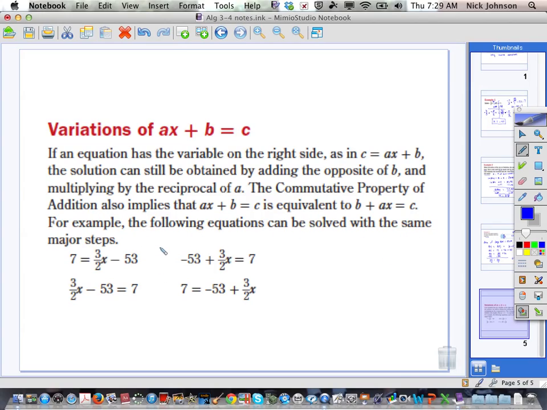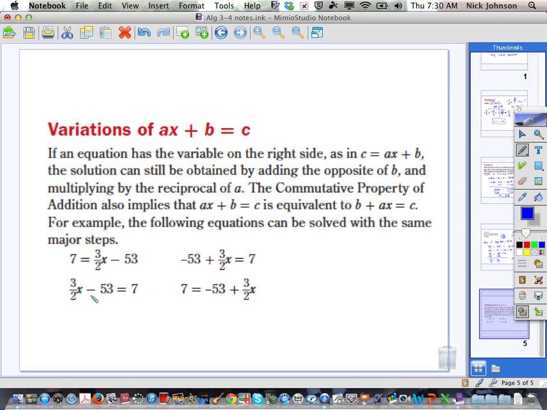I want you to look at these because this is what confuses a lot of people. These are all the same problems, it's just written in a different way. To solve this problem, I would add 53, multiply by 2/3. Same way here. The inverse of subtracting 53 is adding 53, multiply by 2/3.